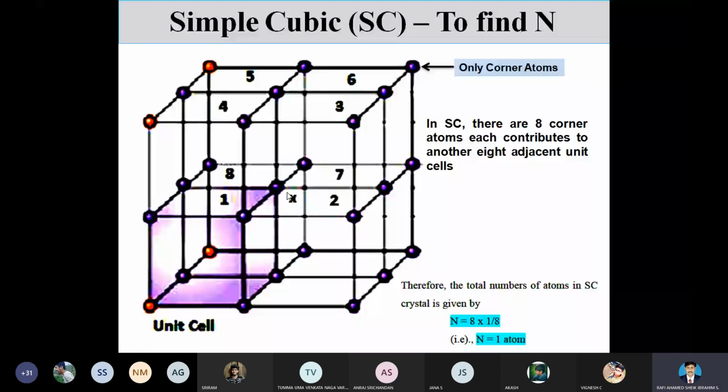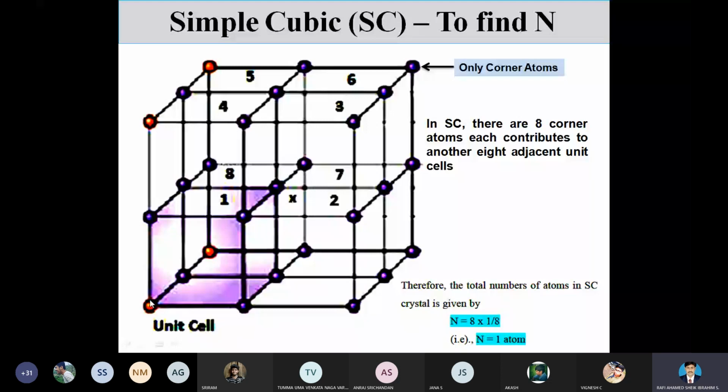We know that this unit cell shown in the shaded portion consists of 8 atoms: 1, 2, 3, 4, 5, 6, 7, 8.